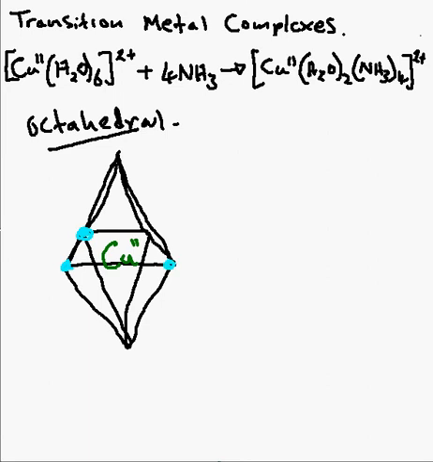it's going to be surrounded by 4 waters, like so. This is why I drew a square at the beginning, if you remember, because that's how they arrange themselves, like a square. And then at the top and the bottom, we're going to have the ammonias.